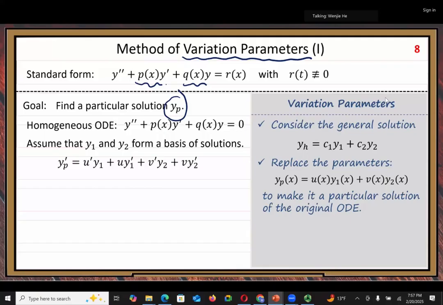Here, let me calculate some formulas. Based on the structure of yp, by the product rule of the derivative, we can get the yp derivative. Four terms, relatively complicated, but just leave it there. Four terms, too complicated, right?